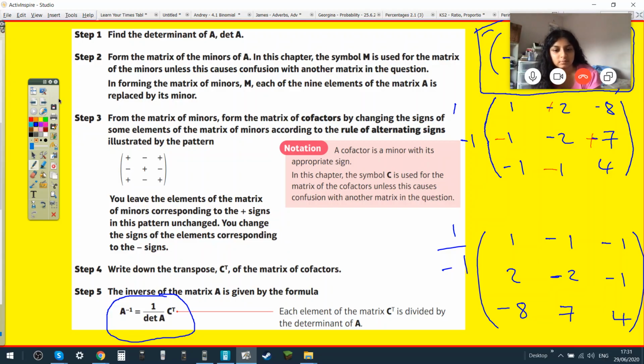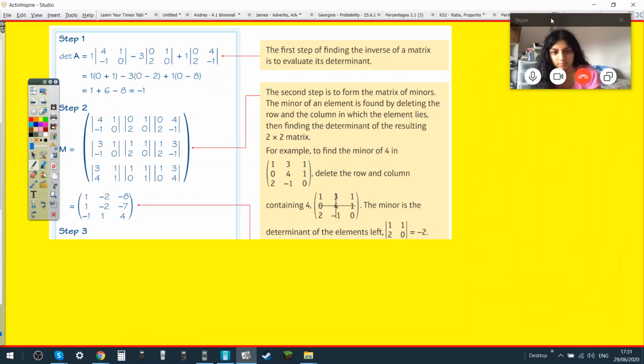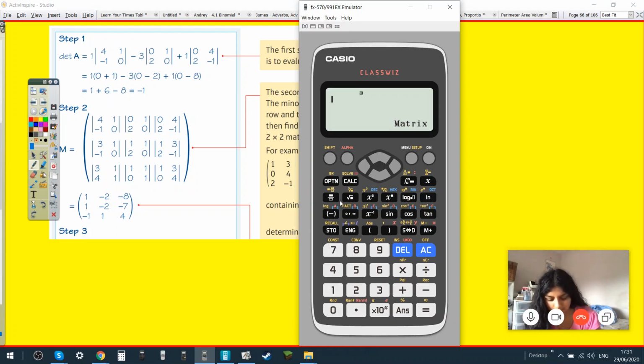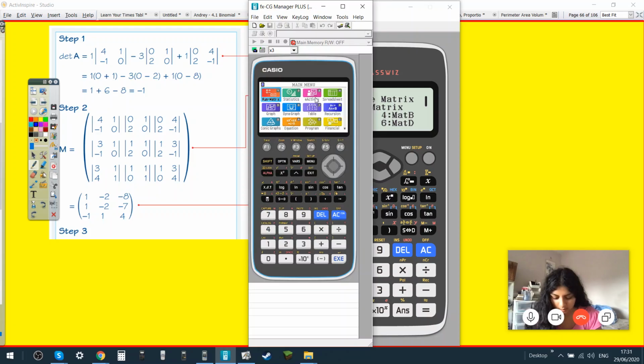Okay, is there some way to just get the inverse? I don't know. There isn't a button that says inverse, which is really weird. I have the same buttons, but which one is matrix?